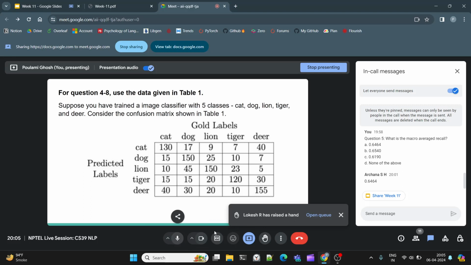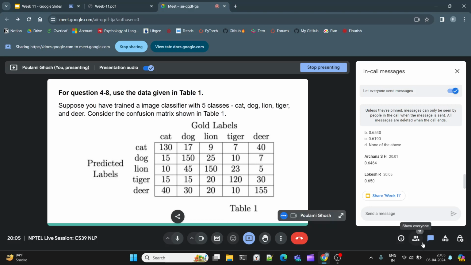Should we wait further? Anybody still attempting? I think Lokesh had raised your hand. Okay. Archana and Lokesh have answered. So, let's start with Archana. Archana, would you like to share your thoughts on your attempt at this question?